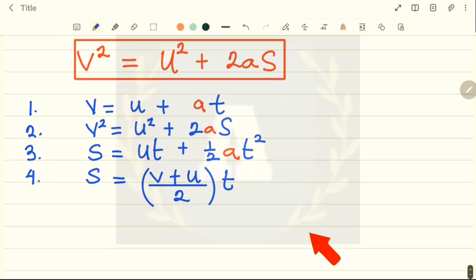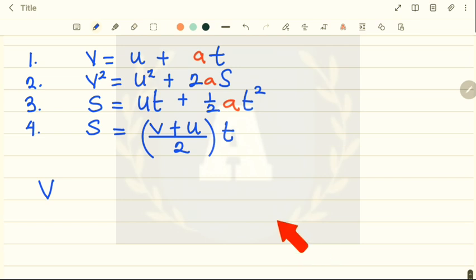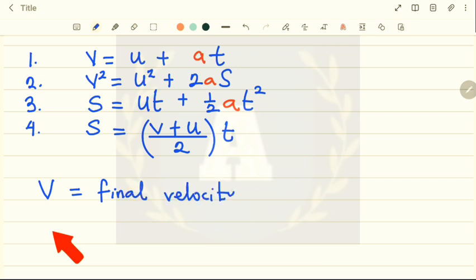So all these four equations are what you need to know to calculate uniformly accelerated motion. Now we want to define the terms. What does V stand for in the equation? V is the final velocity, and the unit is meters per second.